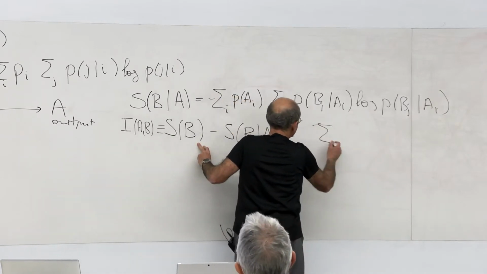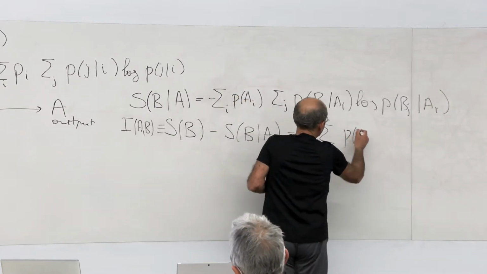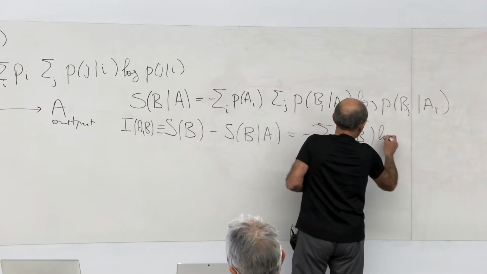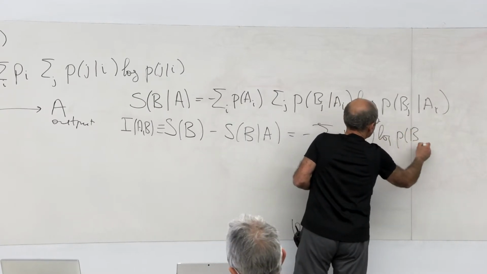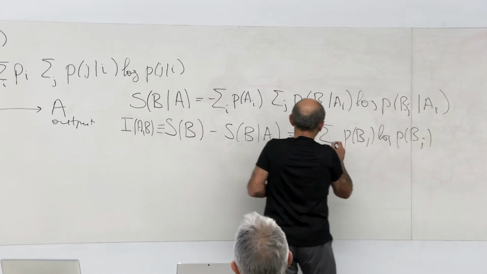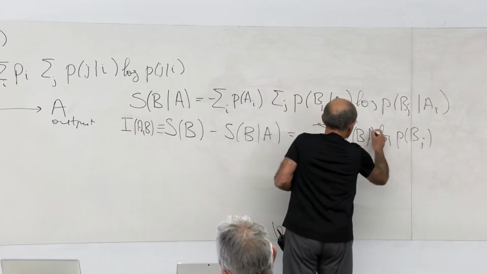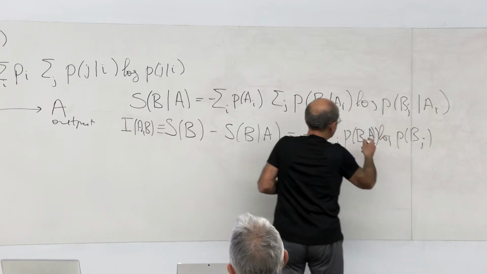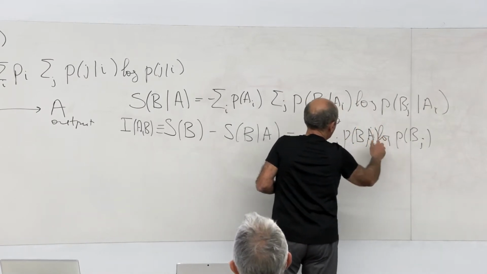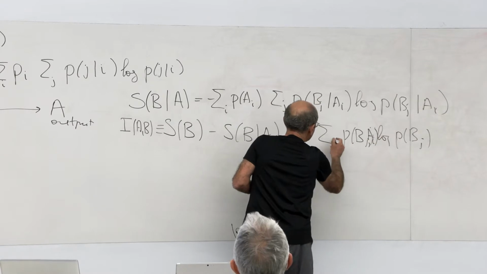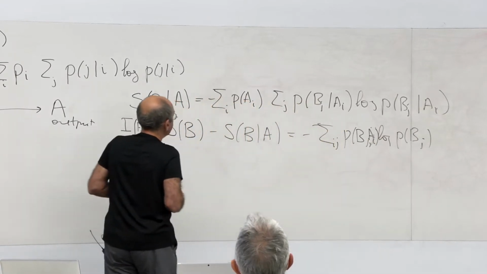S of B is minus P of B_j log P of B_j, and the sum over j. Let me just, for the heck of it, write it also as a joint probability of A_i and B_j, and I sum over all i and j.